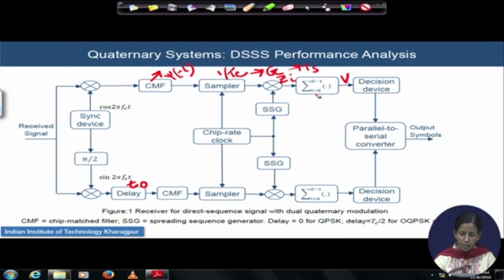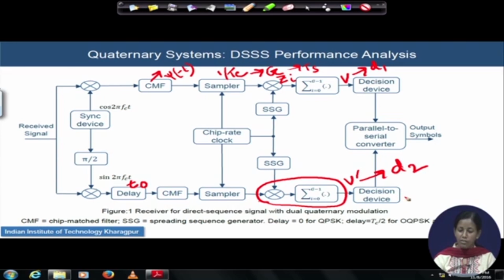The addition circuit is identical in both paths, and like the upper path, the multiplier plus adder contributes to generating the dispreading of the signal. So if I call it V, it will also have V dashed, and they are expected to correspond to the data signal D1 and the data signal D2 respectively.